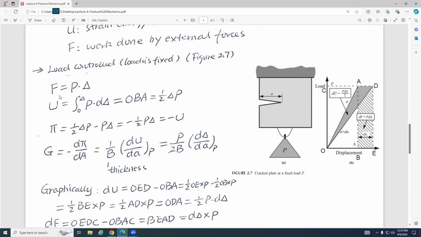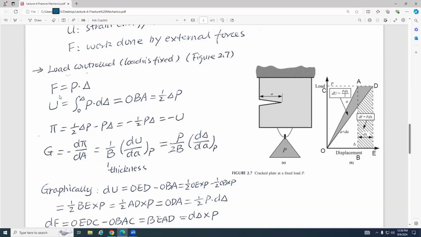So this shaded area equals the change of the strain energy. This is the load multiplied by d delta, which is the work of this external load. So this is a rectangular shape, and this is a triangle; the area of this triangle equals half of this rectangular shape. You guys agree?